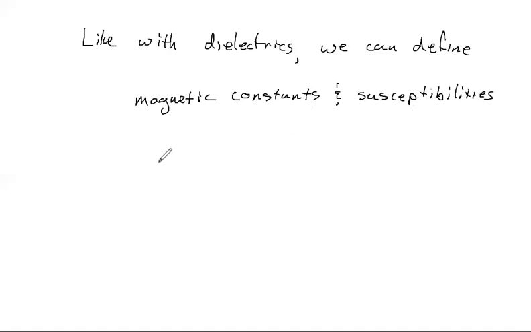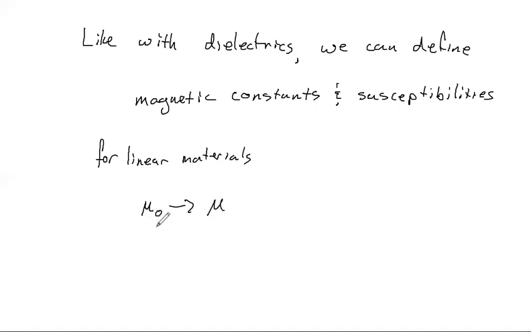So really, as long as it's a linear homogeneous material, we just call them linear materials. You can really just work the problem out for vacuum, where you get mu naught, and then you can simply replace mu naught with mu.